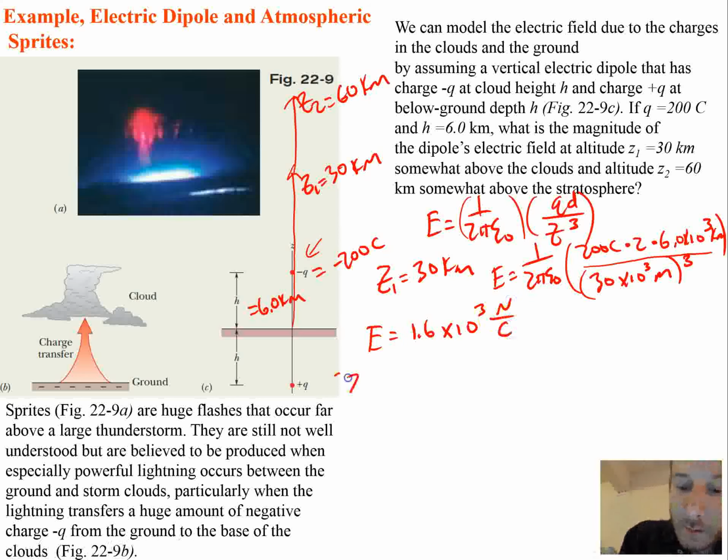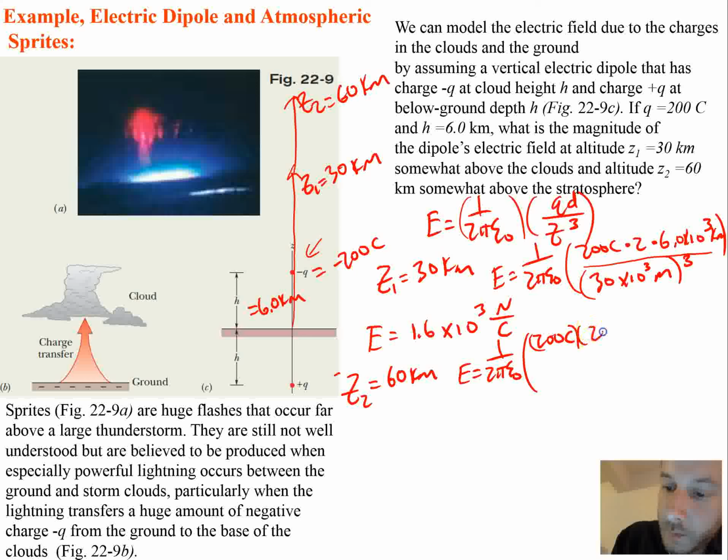Now if I wanted to find the electric field at z equal to 60 kilometers, use the same equation, so it's 1 over 2 pi epsilon naught, 200 coulombs times 2 times 6.0 times 10 to the 3rd meters, and that's all divided by 60 times 10 to the 3 meters cubed.